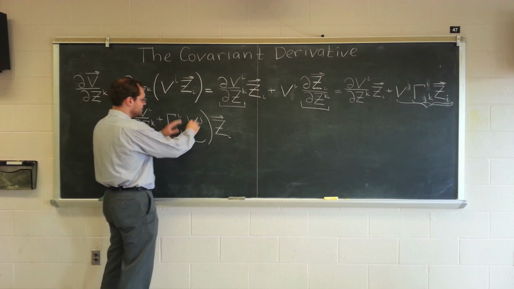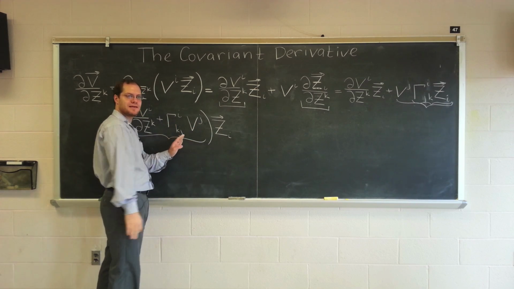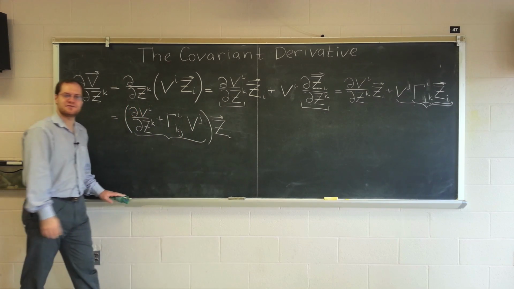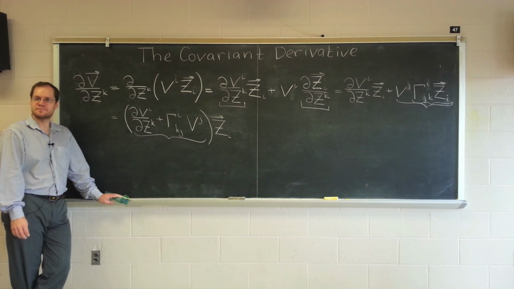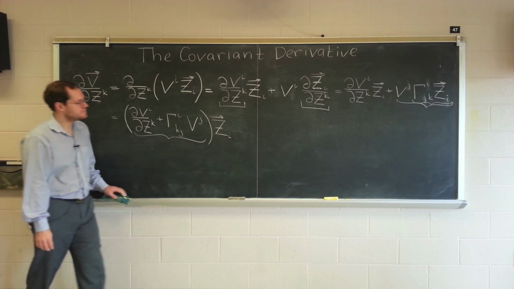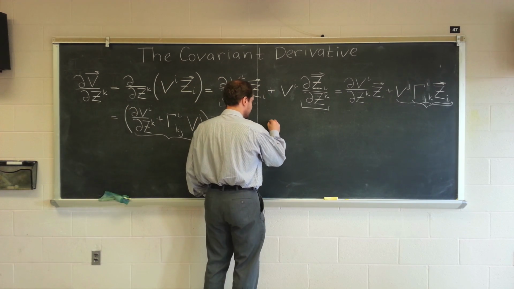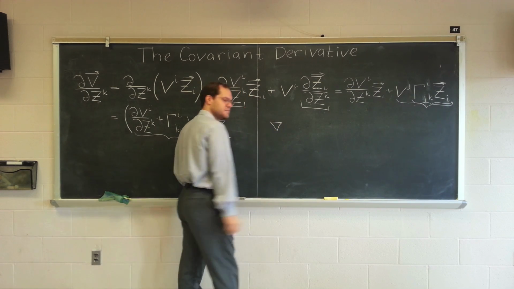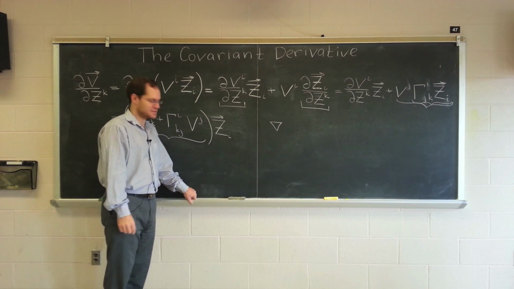And if the interplay of indices seems a little bit too complicated, you'll get used to it very, very quickly. So wouldn't it make sense to make this definition? And we'll now use this symbol because it'll be a tensor.